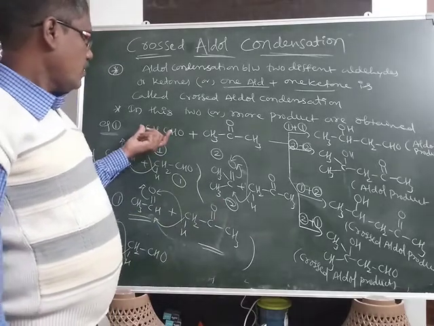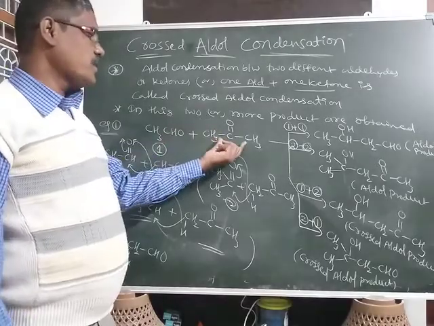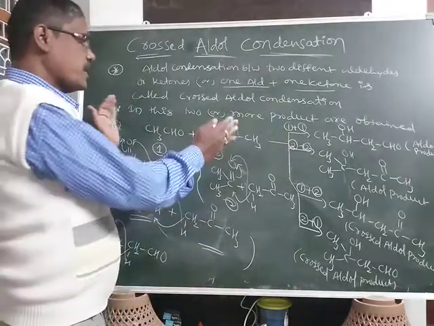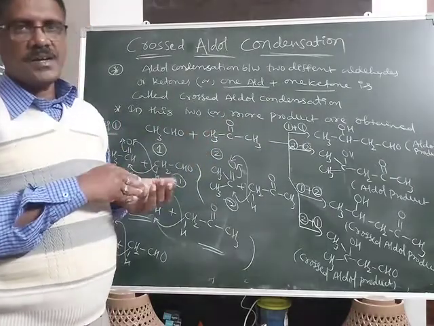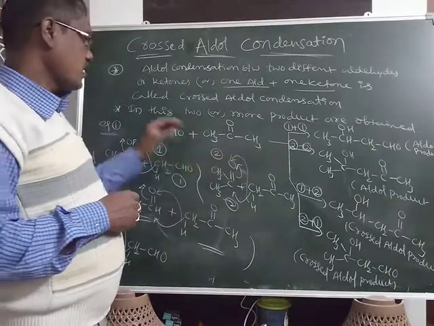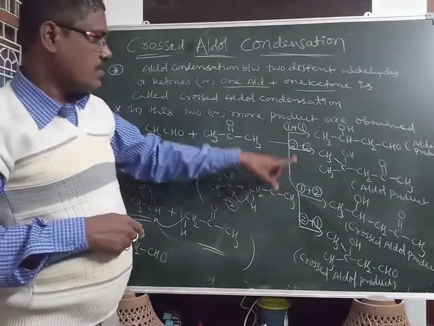Now one molecule of acetaldehyde can react with one molecule of acetone. We are taking so many molecules in the reaction vessel that we are adding 1 plus 1.